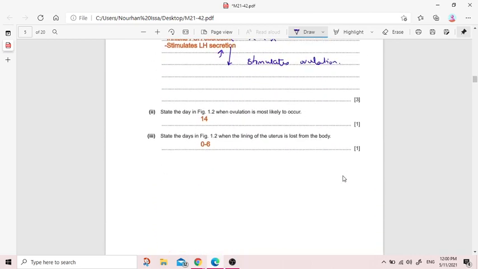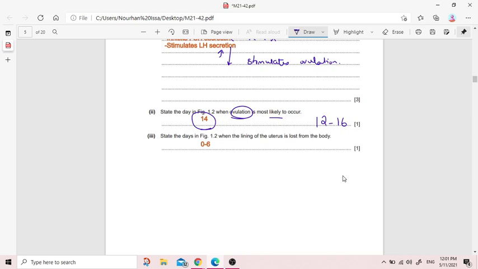Okay, state the day when ovulation is most likely to occur. We can choose anything from 12 to 16, but mainly we usually say that it occurs on day 14, which is the middle of the cycle.